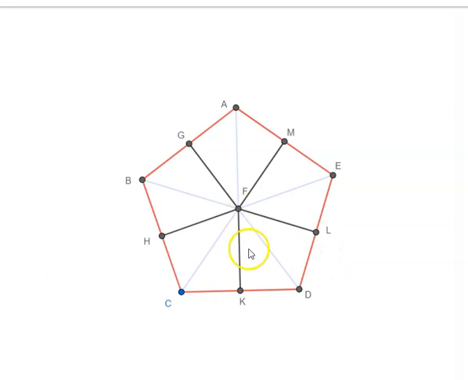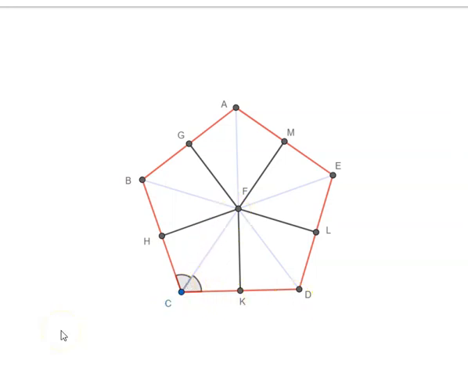Now we have to show that all these are equal to each other. So to show that all these lines, GF, MF, LF, KF and HF, are all equal to each other, let's take these two triangles, triangle HFC and CFK. We know FCH is equal to KCF because remember, as part of construction, we bisected BCD using CF.